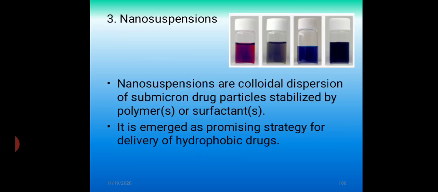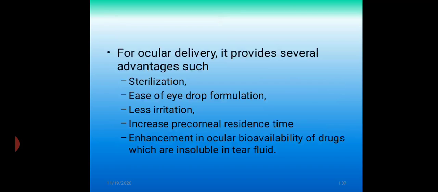The next one is nano suspensions. These nano suspensions are colloidal dispersions of submicron drug particles. They are stabilized by using polymers or surfactants. This is also a promising strategy for the delivery of hydrophobic drug molecules.